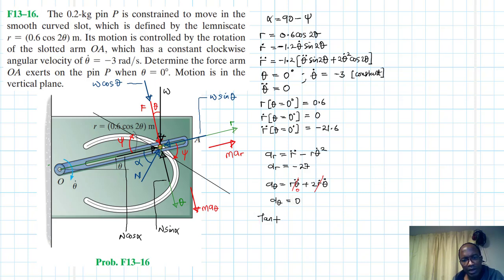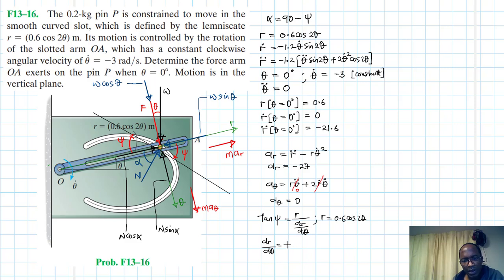Then we have tan psi equal to r divided by dr d theta. We know that our r is just equal to 0.6 cos 2 theta.